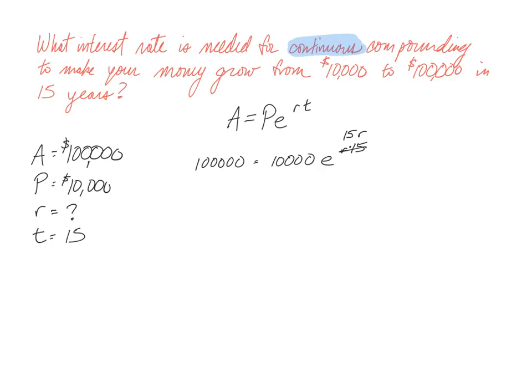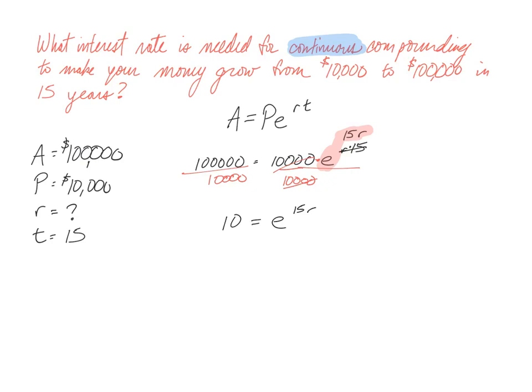We're trying to solve for r. Now, since again this is an exponential equation, we have to isolate the exponential piece before we do anything else. So this 10,000 that's being multiplied here, we need to divide by that. So let's divide both sides by 10,000 to get rid of that. That leaves us with 10 equals e to the 15r.